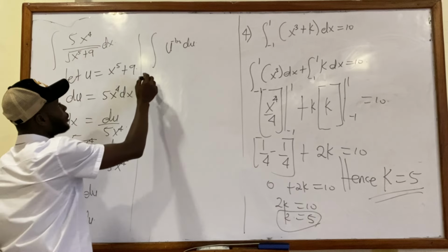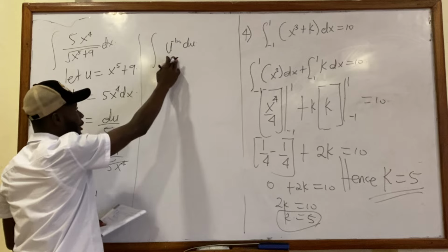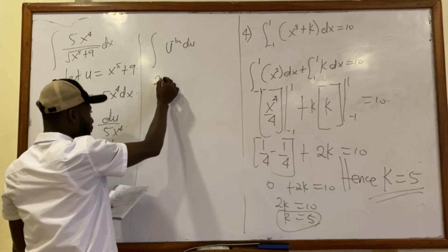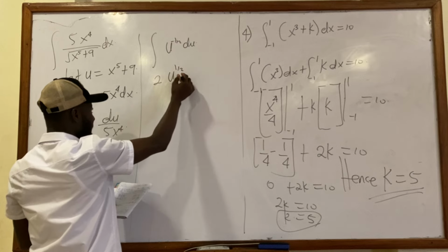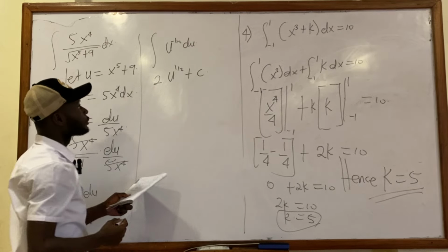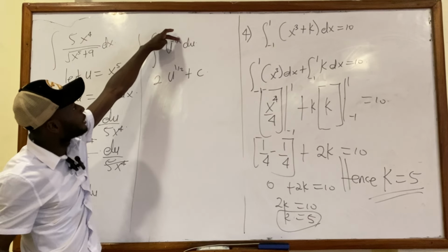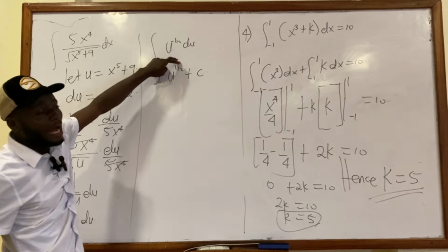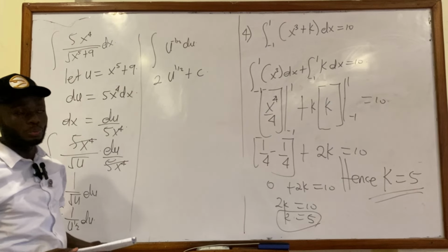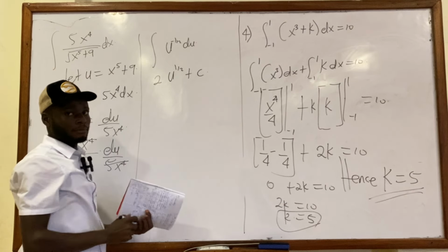So when you integrate this, you are going to have 2 u power half plus c, because when you add 1 to negative half, it's going to be half. Then use half to divide this, it's going to change to 2.